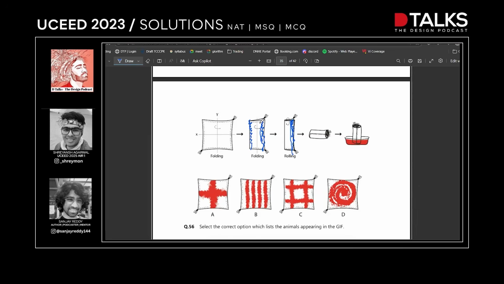So that will give you two lines like this on the square piece of paper when you unfold this. Yeah, correct. So in Y it happened like this, then the same thing is done on the x axis. That means two more lines will come like this. C is the option.